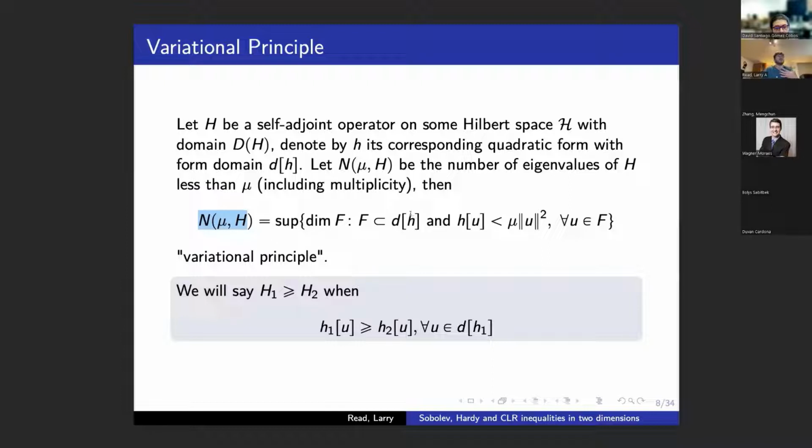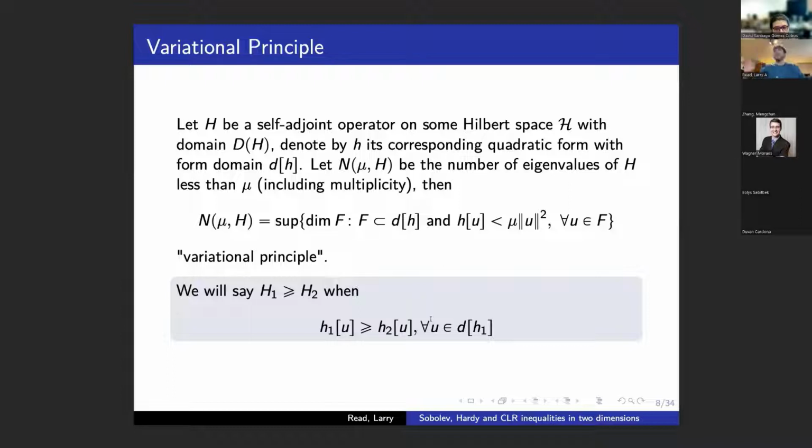Or we might consider some restriction to its domain, and again, we could bound the number of eigenvalues from above if we could then do something with that. In order to do that, we will use the standard partial ordering of self-adjoint operators, which says that H1 is greater than H2 in the quadratic form sense if the associated quadratic form is larger.